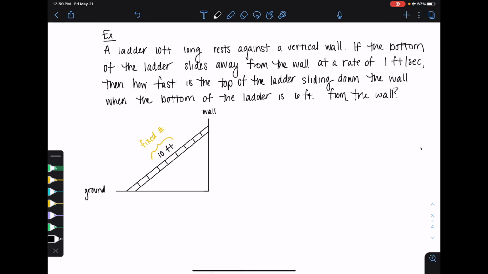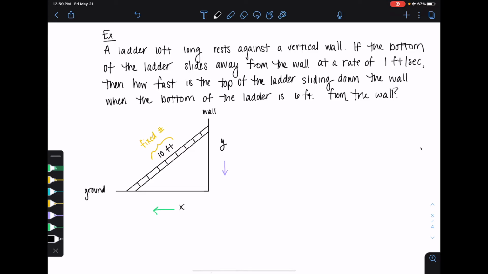On the other hand though, this ladder is sliding down, which makes the distance from the wall grow bigger. So ultimately, these two other sides of the triangle are changing. So I need to call one y and one x.